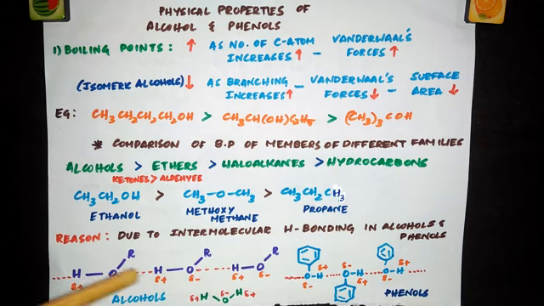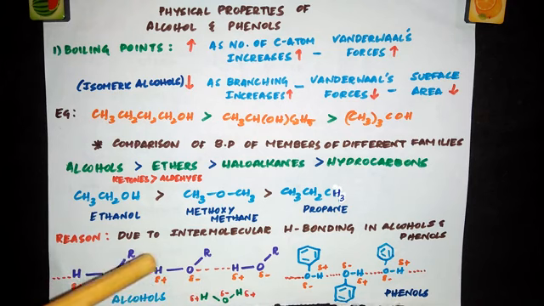This oxygen with a partial negative charge forms a hydrogen bond with the hydrogen of another alcohol, which also has a partial positive charge, because compared with oxygen, hydrogen is less electronegative. So there is hydrogen bonding between the partially negative oxygen and the partially positive hydrogen of these two different alcohols.